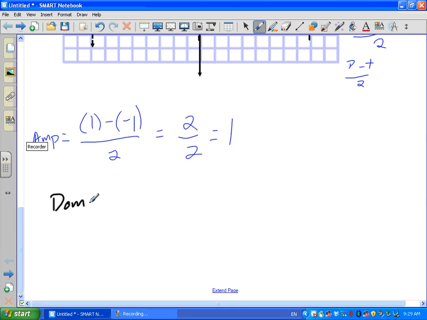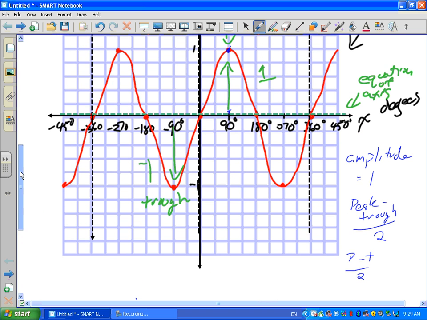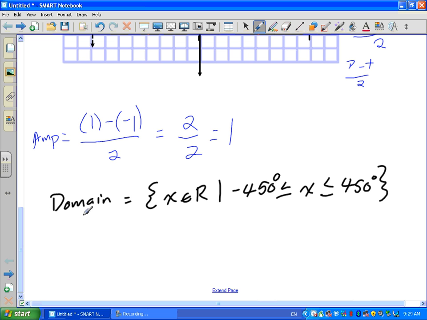My domain is x is every real number such that it is greater than or equal to negative 450 degrees and less than or equal to positive 450 degrees. So that's how far my graph happened to go. That's all I've drawn of it, between negative 450 and positive 450.